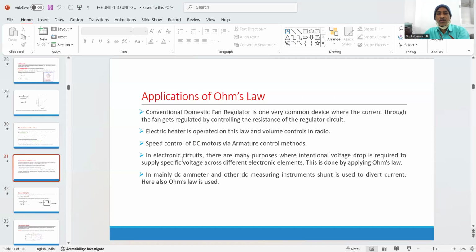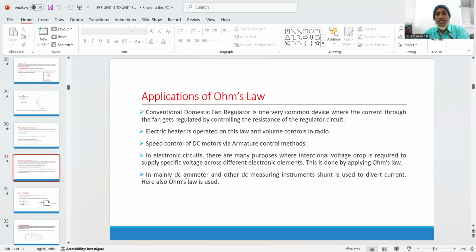And in electronic circuits, there are many purposes where intentional voltage drop is required to supply a specific voltage across different electronic elements. There also, it is applied by Ohm's law only.